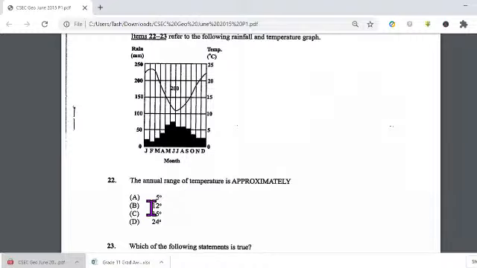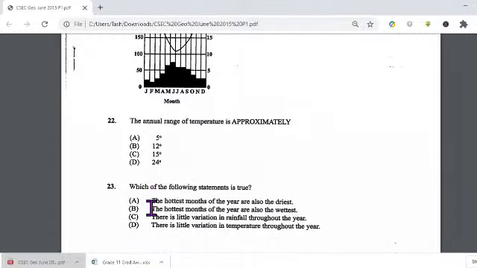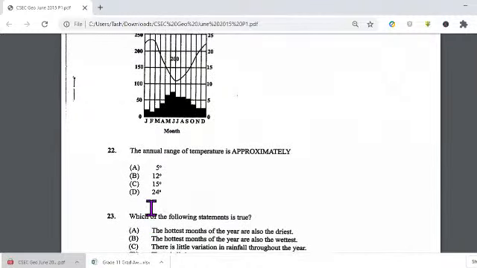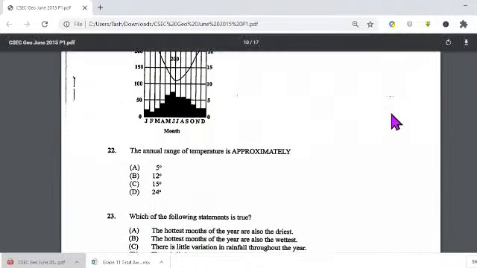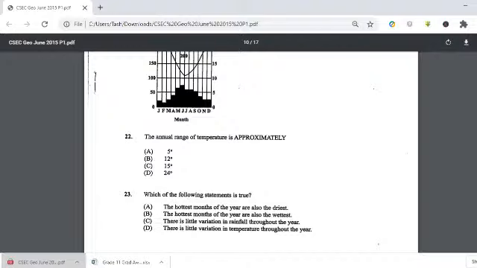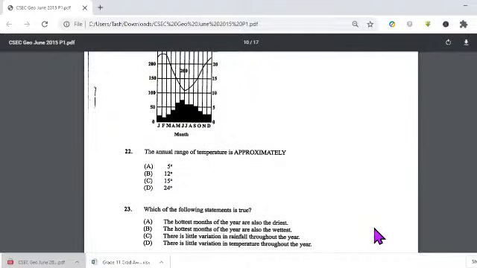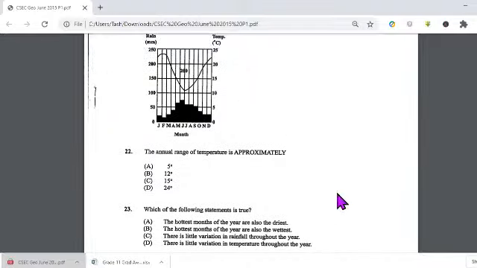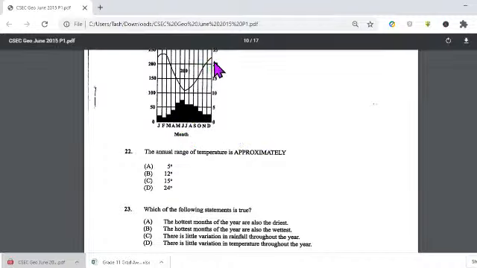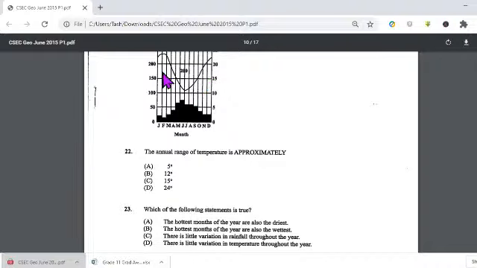Moving on to 23, which of the following statements is true? I will zoom out so you can see both of them. The hottest months of the year are also the driest. So the hottest would have been in terms of temperature, how high it is.